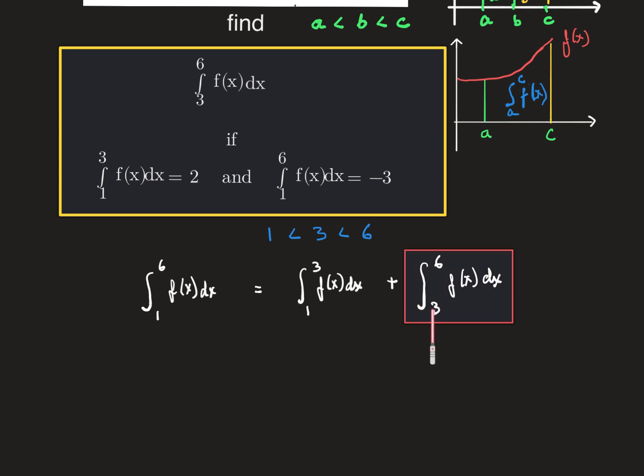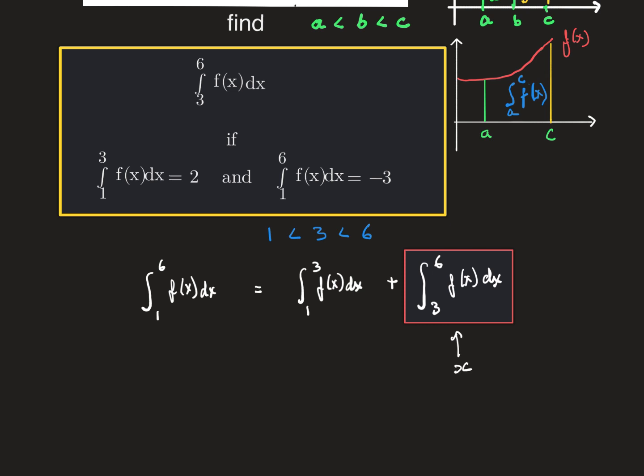The integral from 3 to 6 is the one that we're told that we want to find out. We already know that 1 to 3 has a value of 2 and 1 to 6 has a value of -3. Let's just give this integral a value of x.